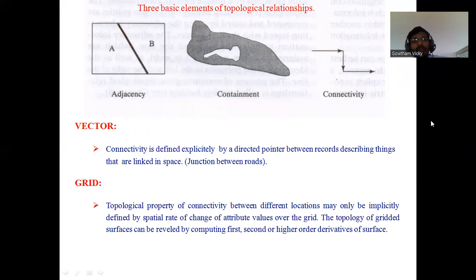So these are the basic terms and elements of topological features, which we can use and utilize in other major types as well.